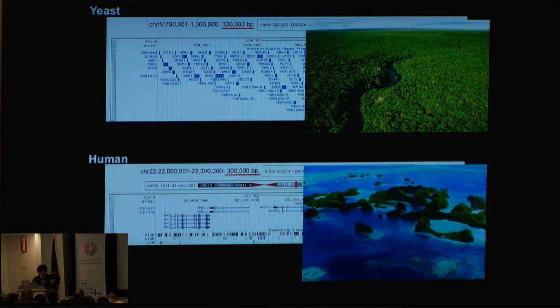So as you can see, it's a kind of illustration to show the difference in the ecosystem of the genome between the genome which has many genes and the one which has few genes. So the question we have right now is to understand the ecosystem and the design principle of how the genome is constructed.